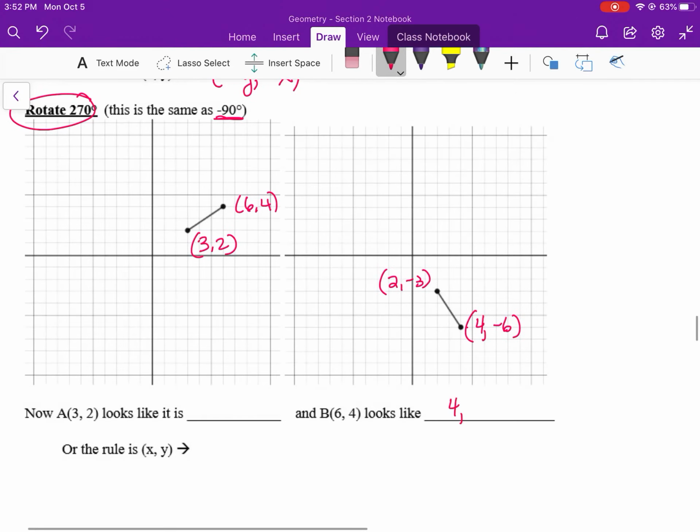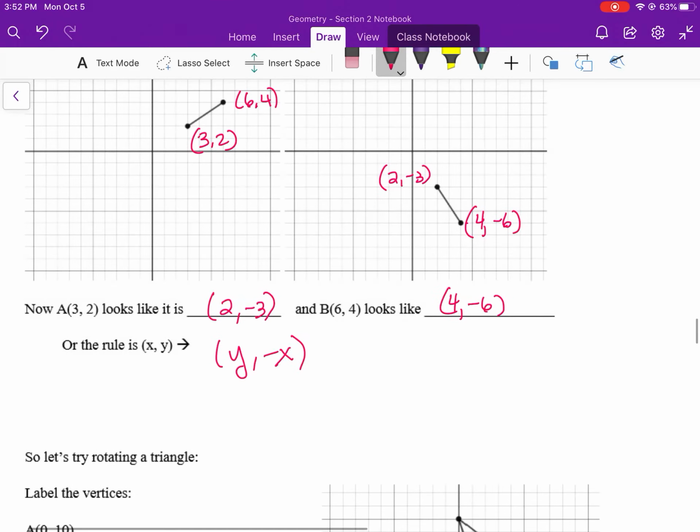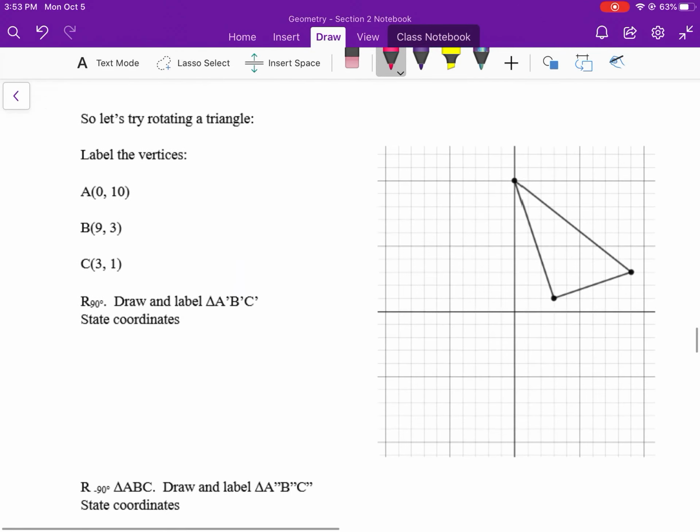Right? So this is 4, -6, and this is 2, -3. So it looks like my rule should be (y, -x). Now that's a lot of rules to remember, and I cannot be bothered doing that. So I can't do that.